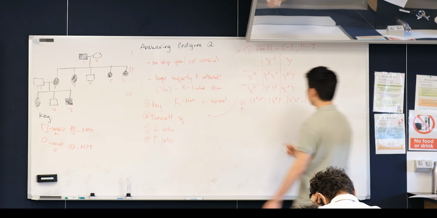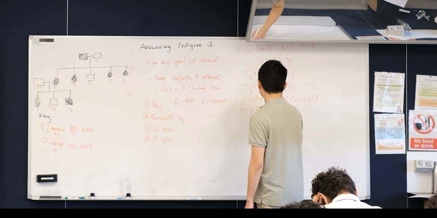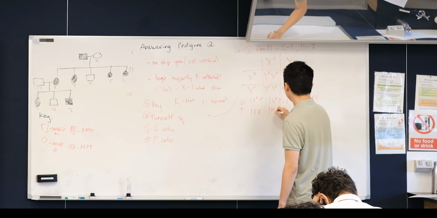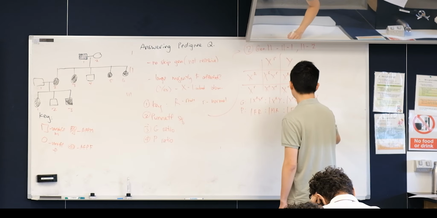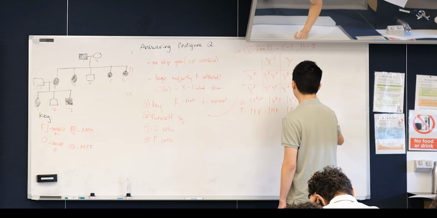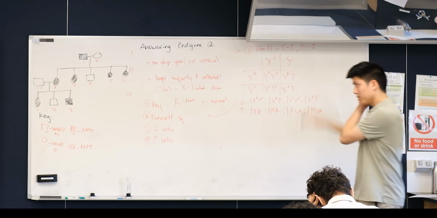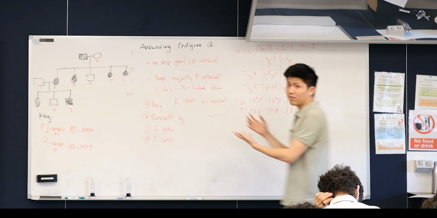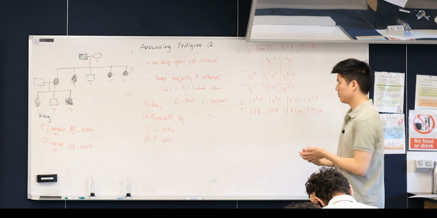Right, and my phenotypic ratio, that's 1 female with Rett's, 1 male with Rett's, 1 female unaffected, so I'll just say UA, and 1 male UA, right? Cool, I have all my ratios, right? Then I can probably start to explain, right, how this is indicative of a sex-linked dominant pattern of inheritance.